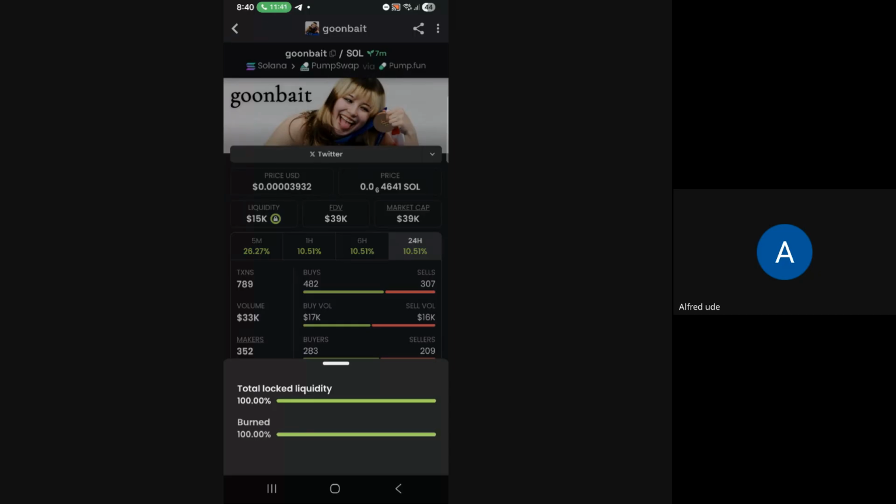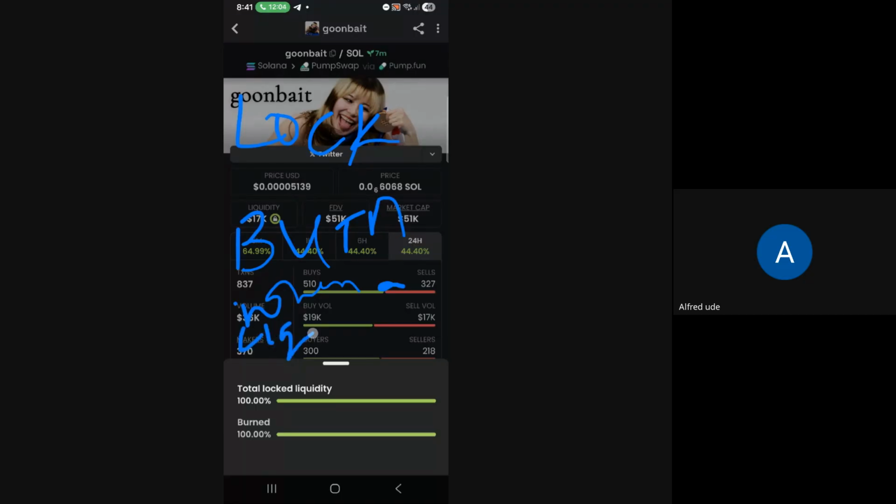So you see burnt 100%. Total locked liquidity 100%. Now note, there's a difference between lock and burn.